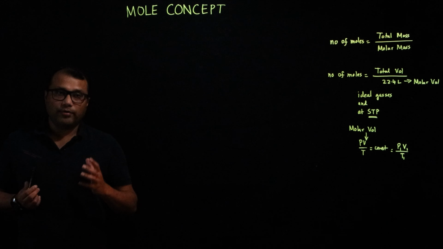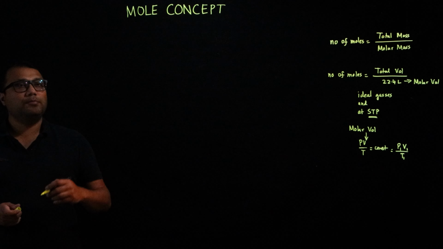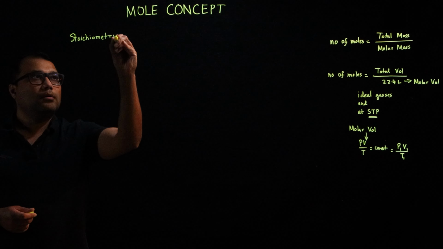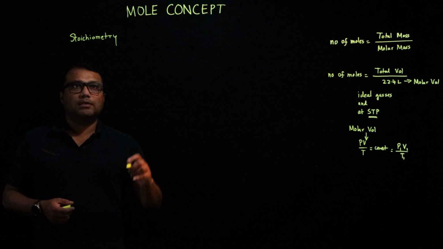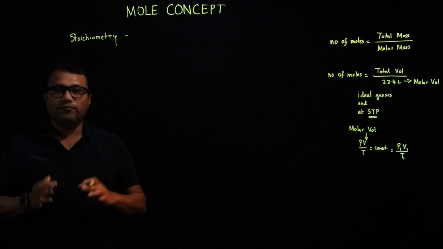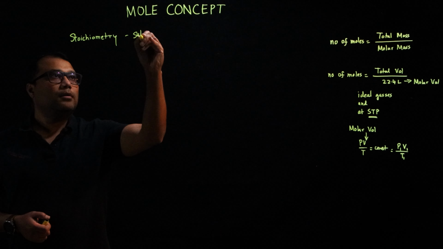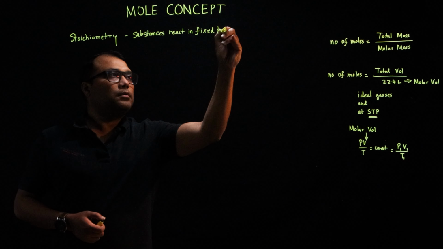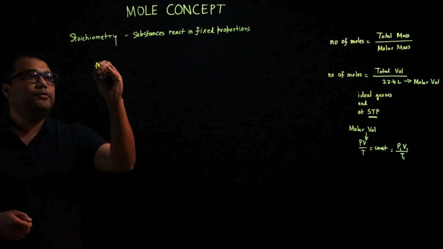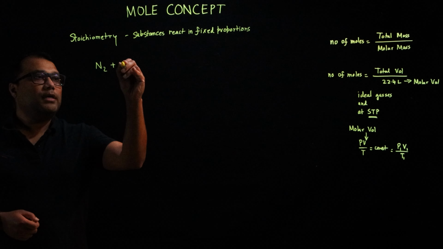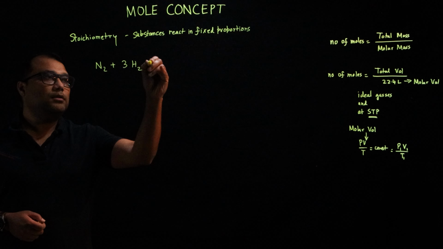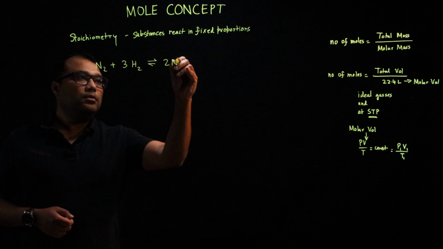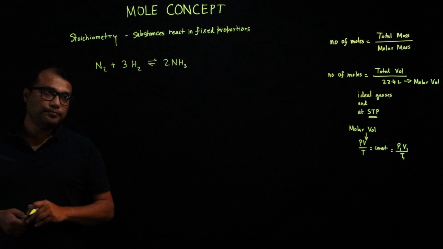Now there is another very important application of mole concept in stoichiometry. What this says is substances react in fixed proportions. Nitrogen reacts with 3 hydrogen, and this is a reversible reaction, to form 2 molecules of ammonia.